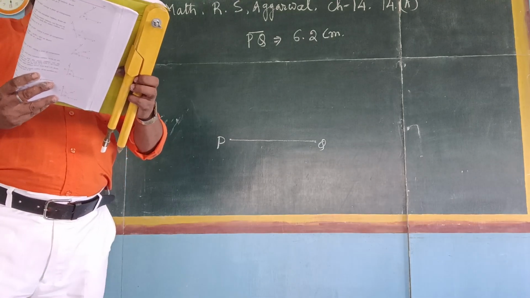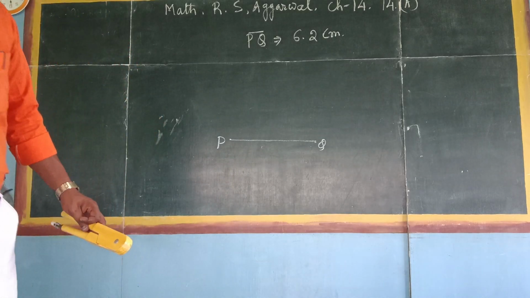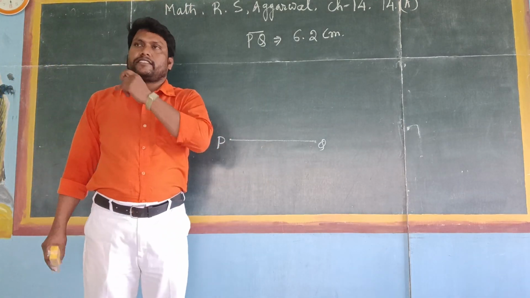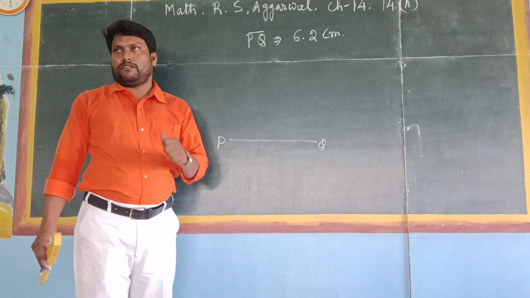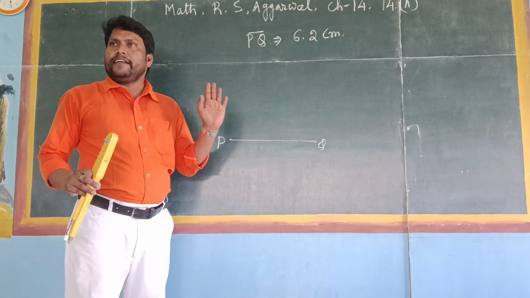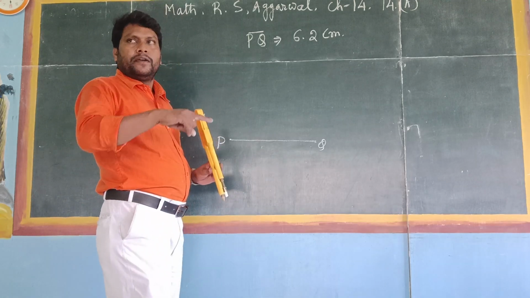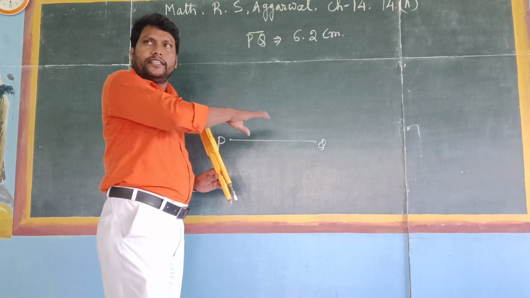Now the second question says draw a perpendicular bisector of PQ. There are two methods. I am applying the first method. At first, draw the bisector by following this method.